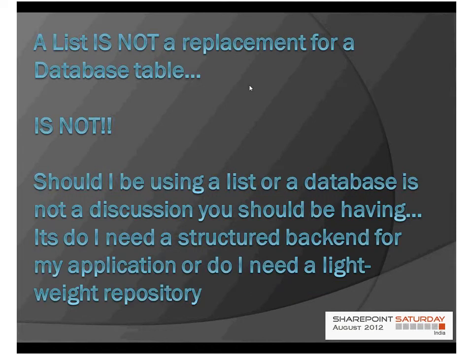Is it just something I need for collaboration, as a lightweight repository, or is it actually going to be used for some core system, for a core functionality in my enterprise? That should be the point of discussion: to understand what the data is going to be used for, what the nature of the data is, and based on that decide what to do with the list.